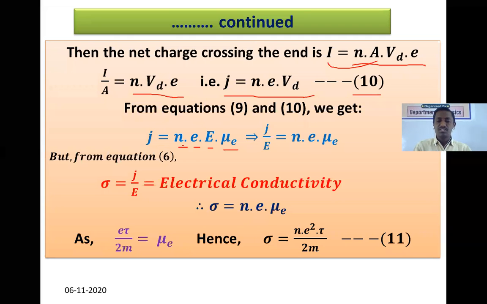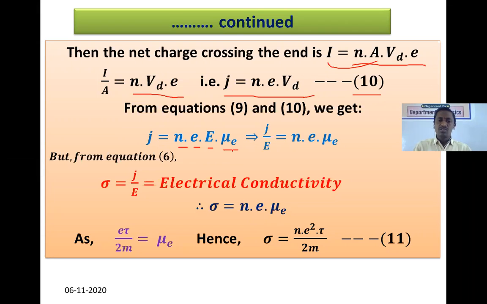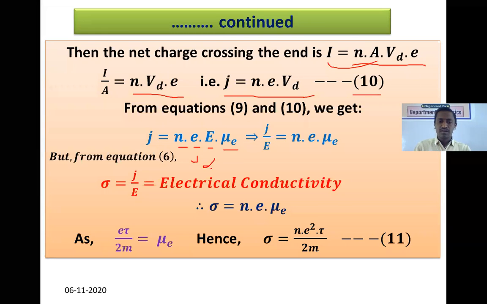E, that is the charge of the charged particle, is constant. Mu E, that is equal to E tau upon 2m, is also constant. So we can write J proportional to capital E. So here we can prove Ohm's law in the case of electrical conductivity.